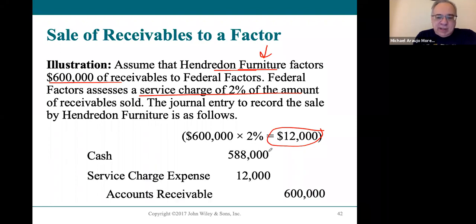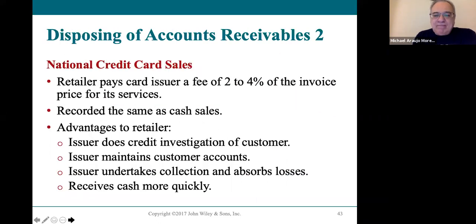Well, the furniture company is only going to get $588,000 in cash because they had to pay a $12,000 service charge, which they expense. But they will say goodbye to $600,000 of receivables. Again, it didn't turn into the same amount of cash because they needed it right away. So whenever you need to borrow money or need money right away, you're going to have to give up something.